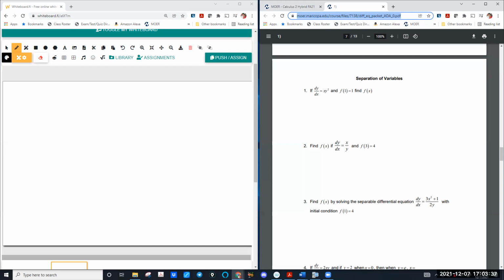All right, let's pick up where we left off on Thursday. We did an example of separation of variables. So here's what I want to do today. I want to do one or two examples of separation of variables from the worksheet, and then let you guys try some.